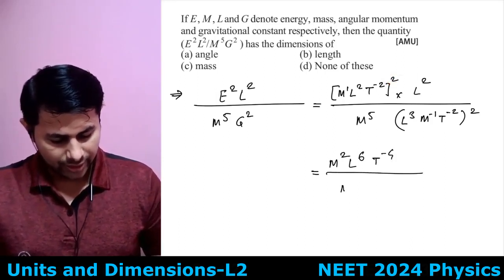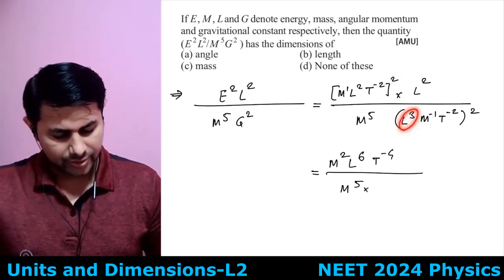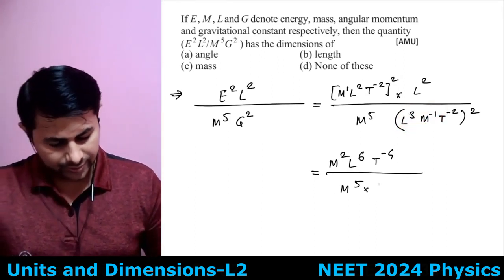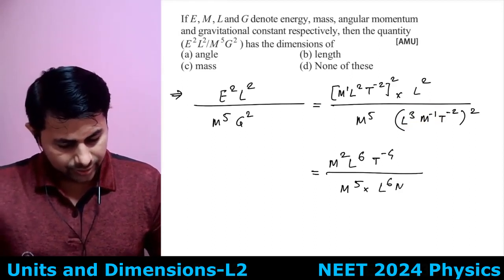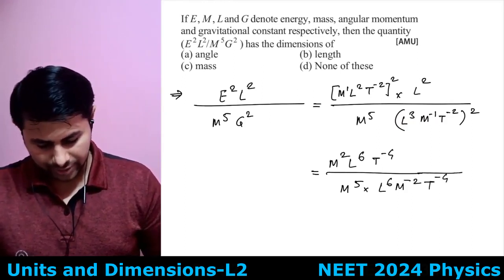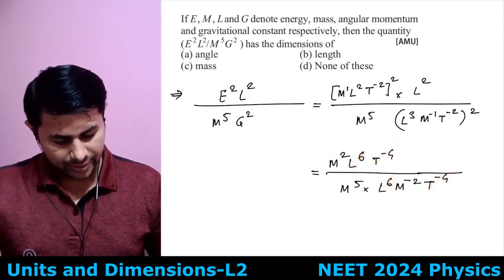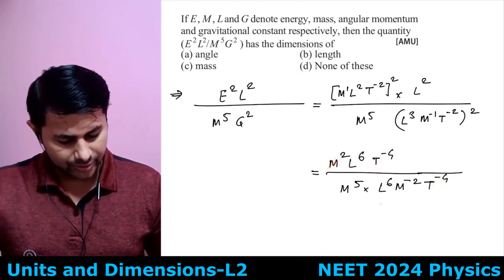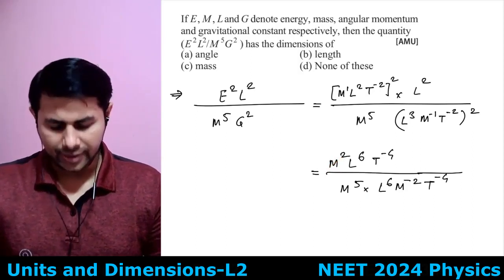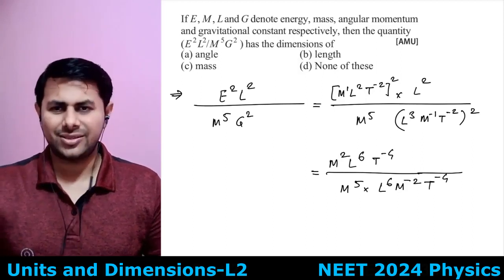And in the denominator we have M raised to 5 multiplied by L raised to 3 square, which is L raised to 6, M raised to minus 2, T raised to minus 4. So something gets cancelled, L gets cancelled, T gets cancelled, and it is m raised to 2 upon m raised to 3. So 1 upon mass. None of these is the answer, right? Yes, sir. Okay, if my algebra is correct, none of these is the answer.